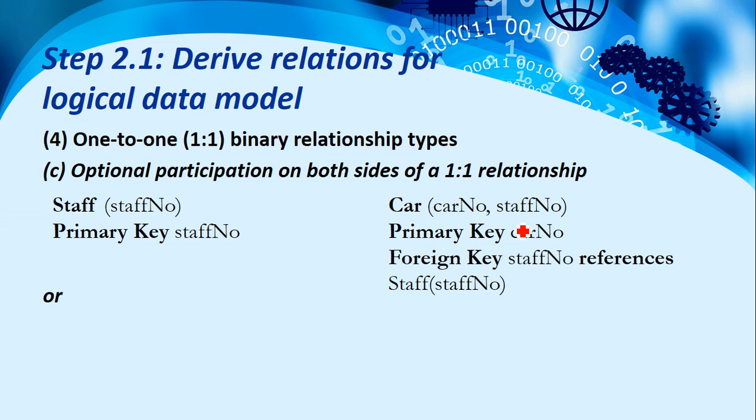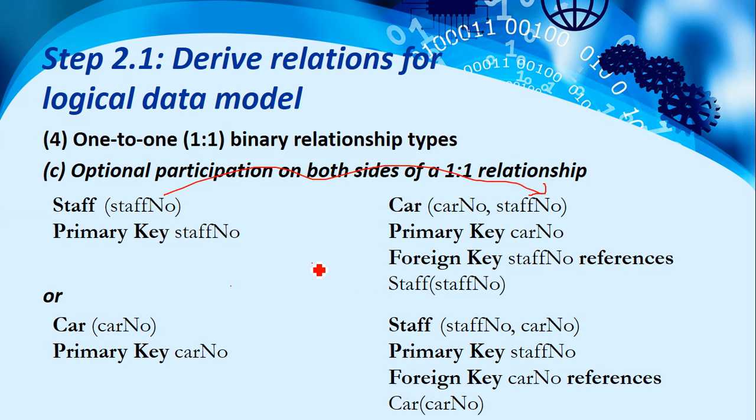Kaya yung primary key ng staff, kinapi siya dito. Yan. See? And the other way, other solution is yung ito. So this time, yung car yung naging parent dito. And yung staff yung naging child. Okay? So same pa rin, yung primary key, kinapi natin.